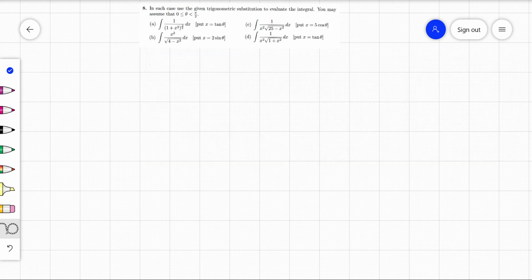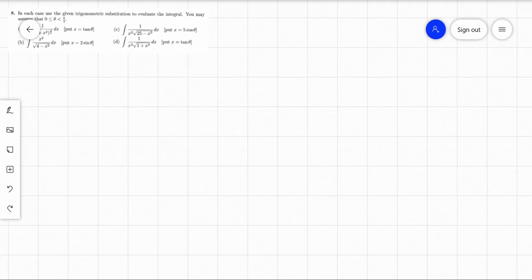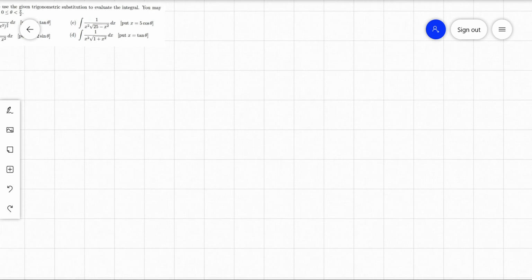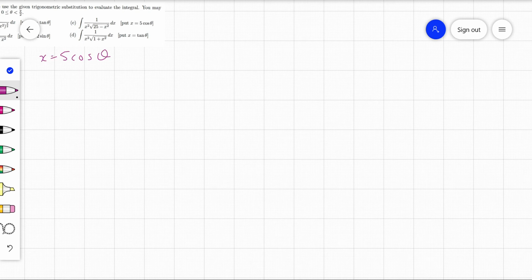For C, we've got x being 5 cos theta. If x equals 5 cos theta, then dx is, cos goes to negative sine, so you have negative 5 sine theta d theta.